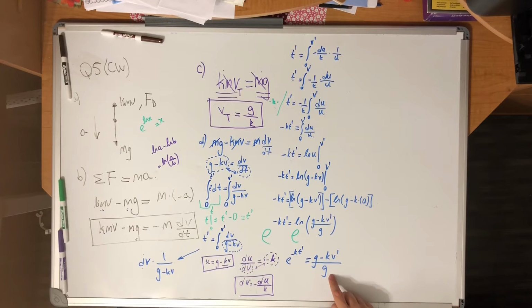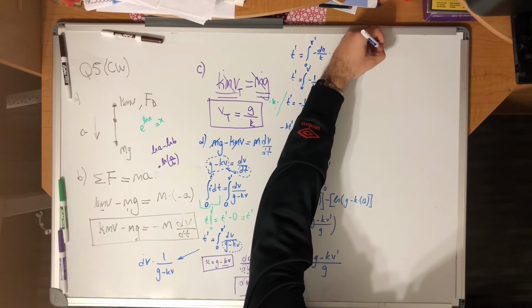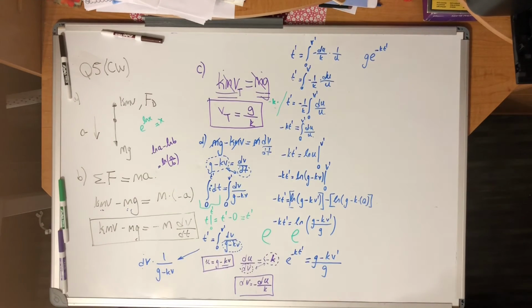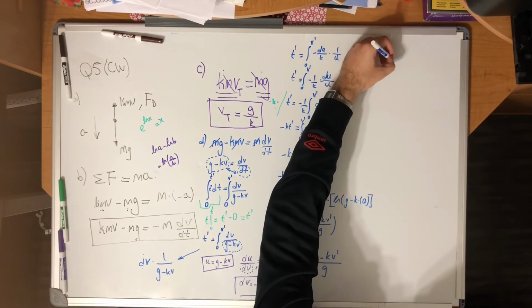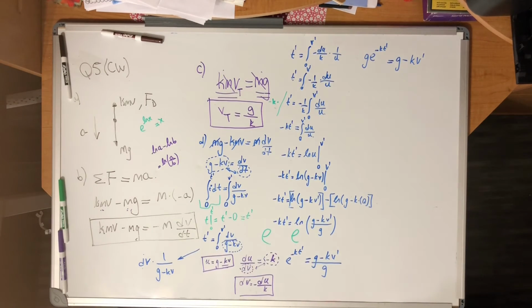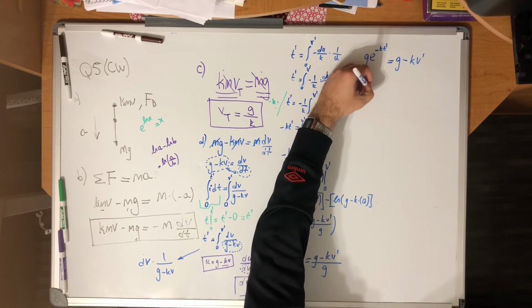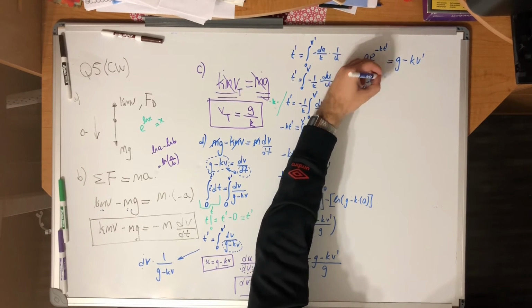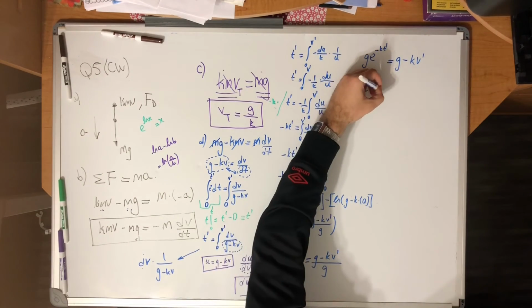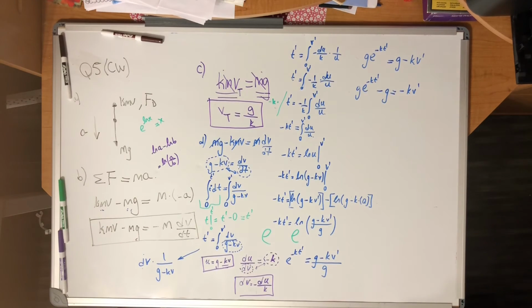First, I need to get rid of this g, so multiply everything with g, then your function is going to become g e to the power negative k t prime. And then I get rid of this g, and that is equal to g minus k v prime. And now I have this extra g right there, so subtract g from both sides. So g e to the power negative k t prime minus g equals negative k v prime.